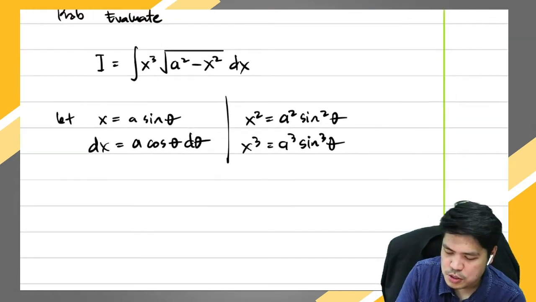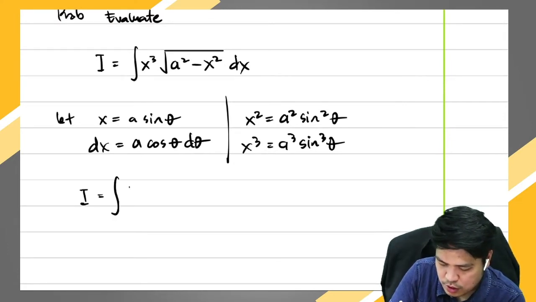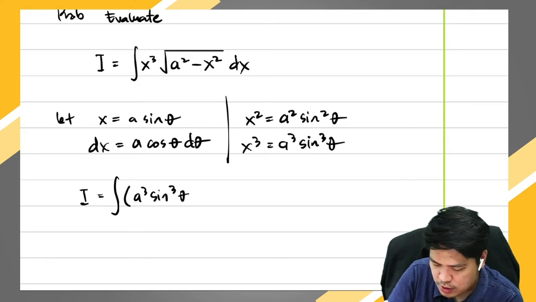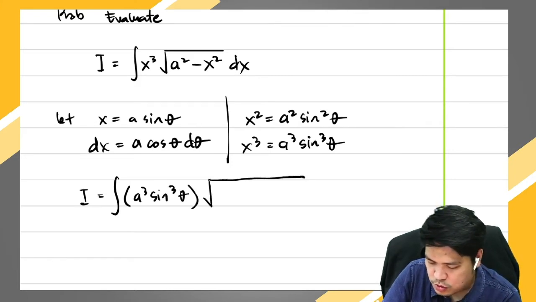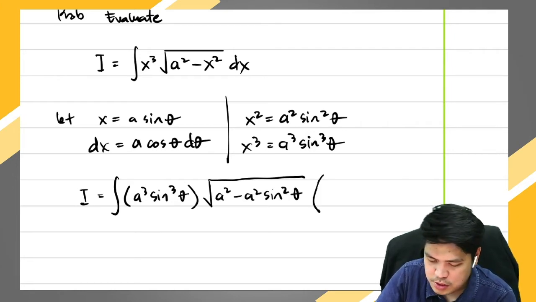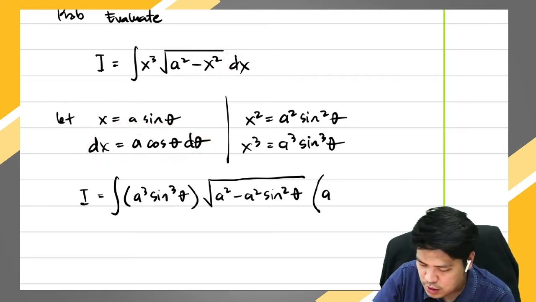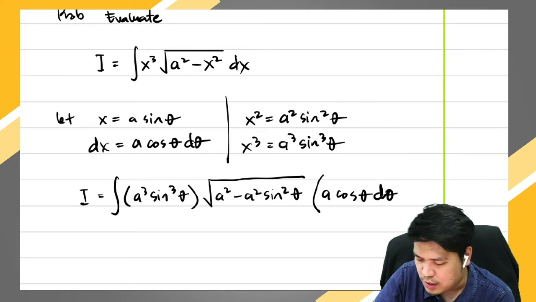So if we substitute now, we'll have I is equal to the integral of x cubed, which is a cubed sine cubed theta, times the square root of a squared minus x squared, which is a squared minus a squared sine squared theta, times dx, which is a cosine theta d theta.